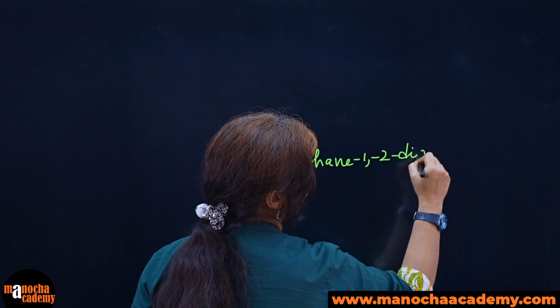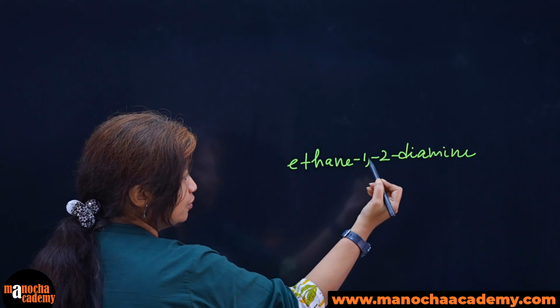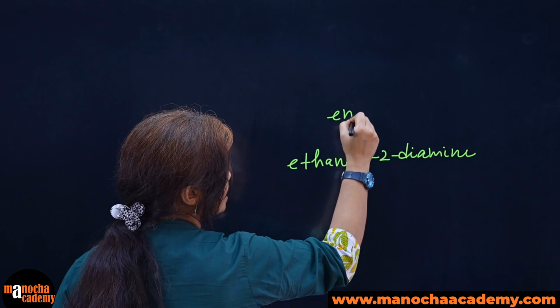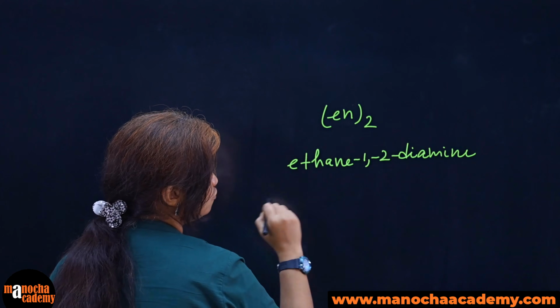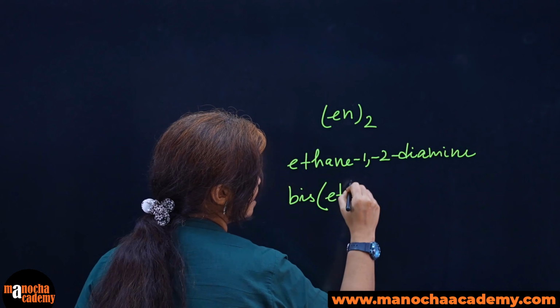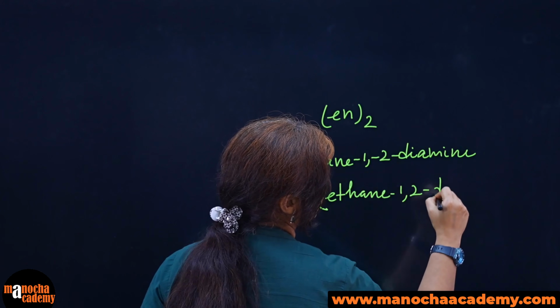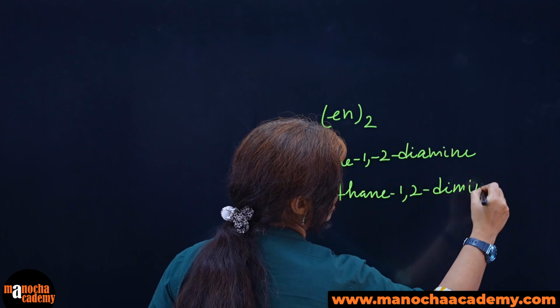This amine is amine because we know it's an organic amine. Suppose if it is en twice, we name as bis, then in bracket ethane 1,2-diamine. Now, why do we name like this?